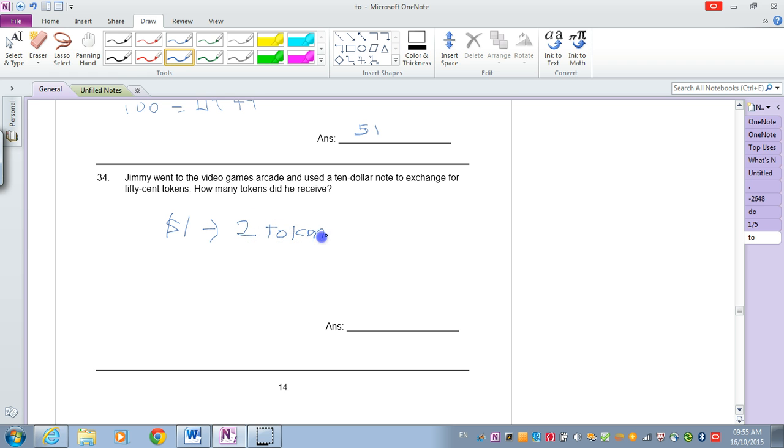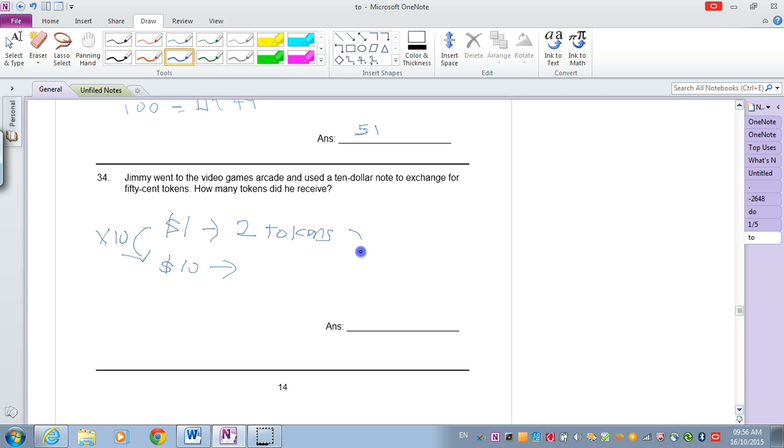Okay, now you always start with a small number. Don't straight away jump to $10. You may make a mistake. So now from here, if $1 has 2 tokens, what about $10? From $1 to become $10, you actually have to multiply by 10. 1 times 10 will give me 10.